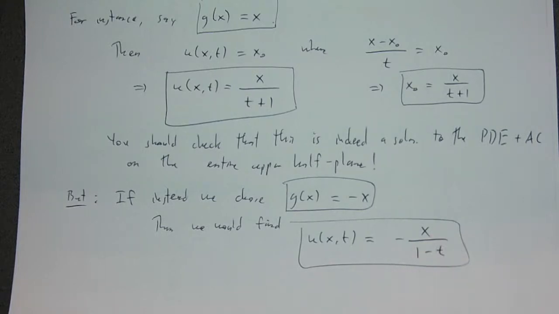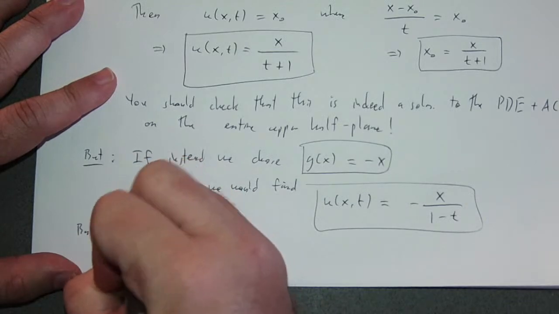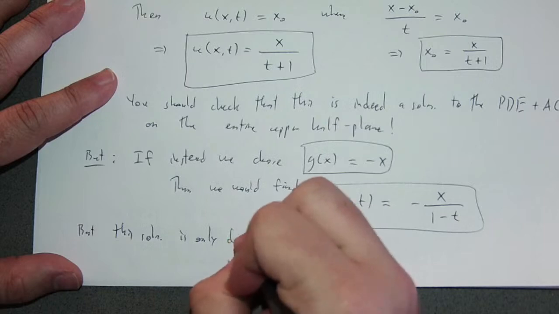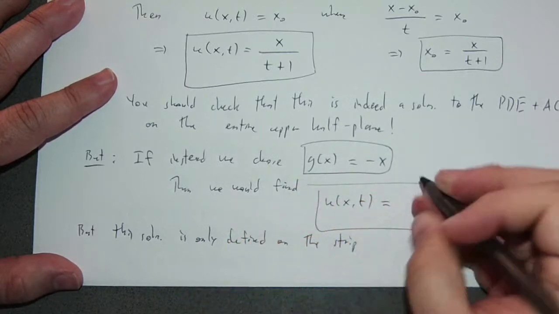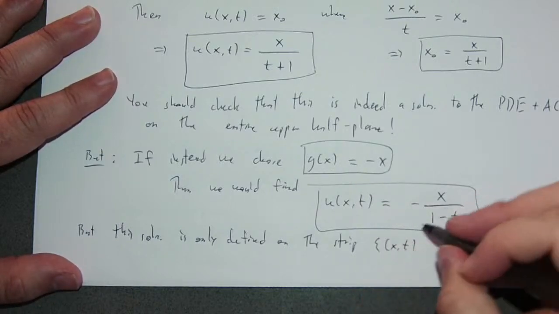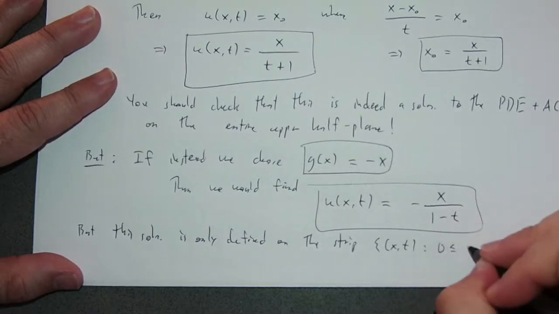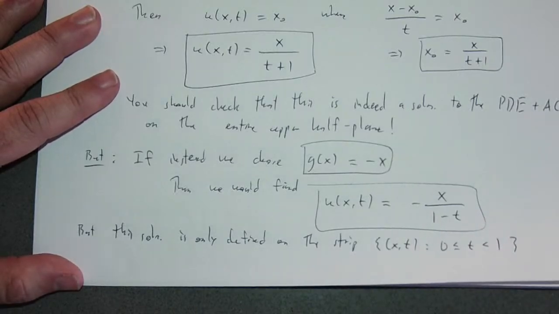But this solution is not defined on the entire upper half plane. This is only defined on a strip. This solution is only defined on the strip that consists of all points x, t such that t is greater than or equal to 0 and strictly less than 1.